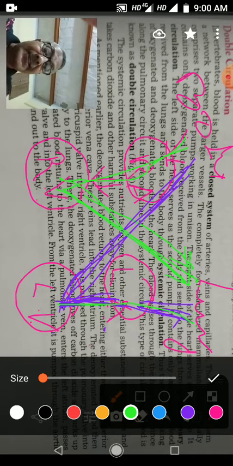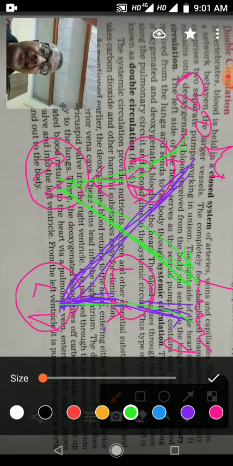The blood passes through the heart twice, once along the pulmonary circuit and second along the systemic circuit. So twice blood passes in the heart and twice the heart pumps the blood. So this type of circulation of blood is known as double circulation.